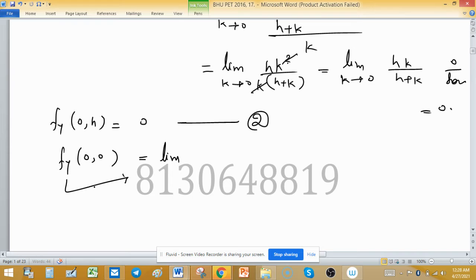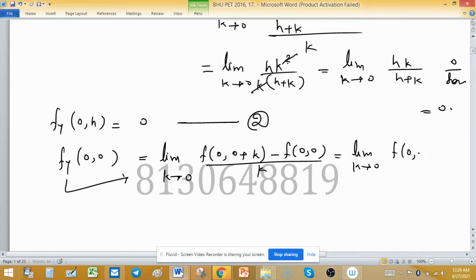So again take k tends to 0, f(0, 0 plus k) minus f(0, 0) divided by k, and this is the limit as k tends to 0 of f(0, k) minus f(0, 0) divided by k. f(0, 0) is 0, and the value of the first coordinate is 0.